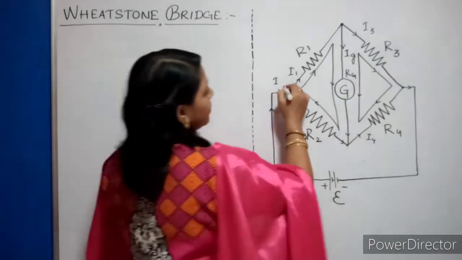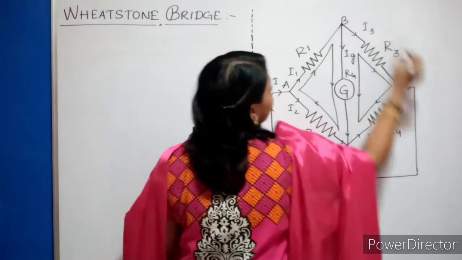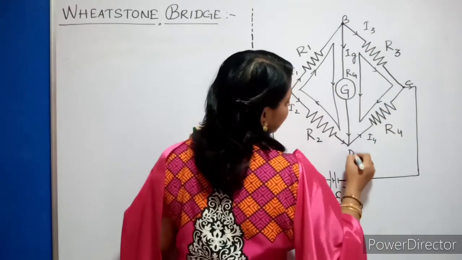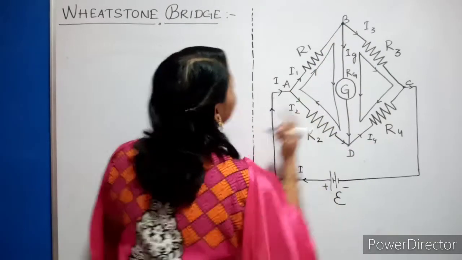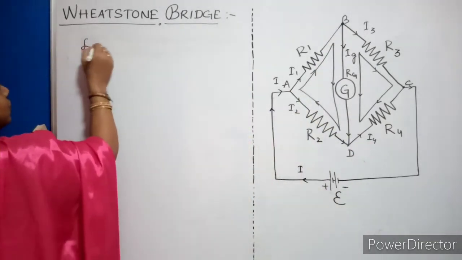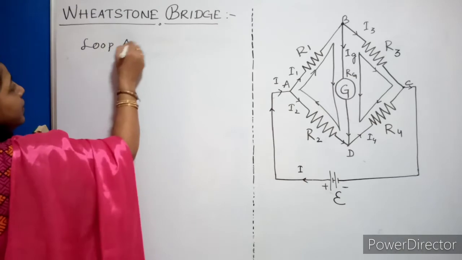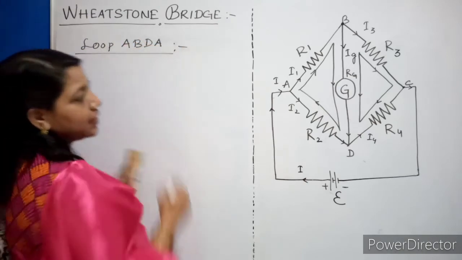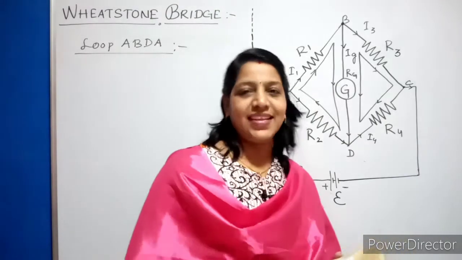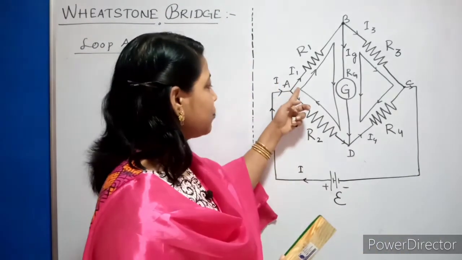Now you can give them names A, B, C, D. So first let us write for the loop A, B, D, A. If you write the KVL, you can start wherever you like. Let me start from point A.